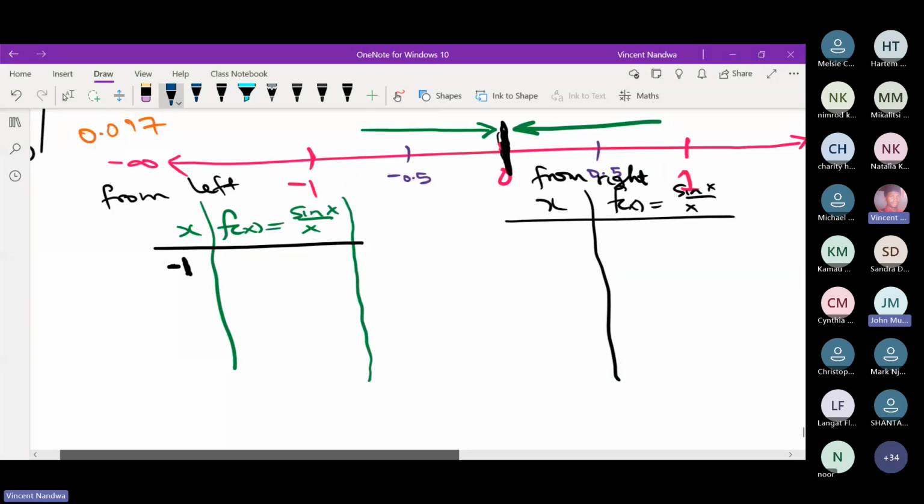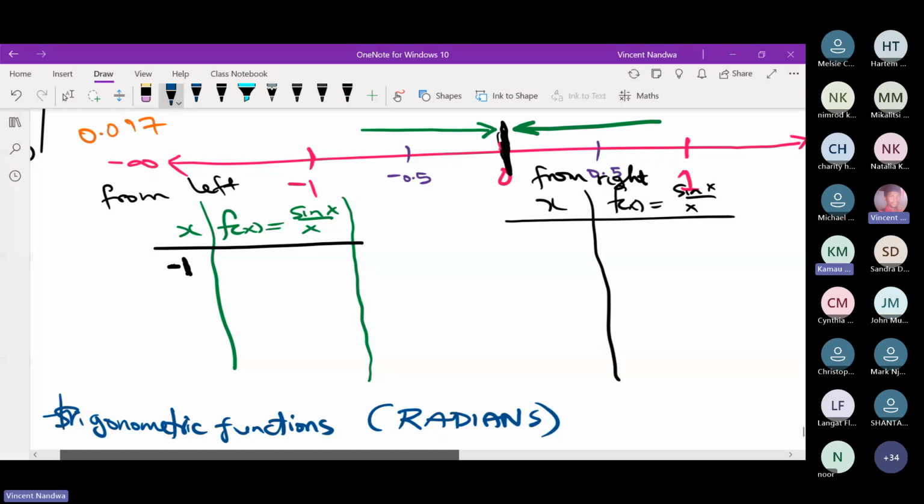If you are using your calculator to get numerical values for trigonometric functions, inverse trigonometric functions, or hyperbolic functions, always ensure that the mode of your calculator is changed from the normal degrees to radians.